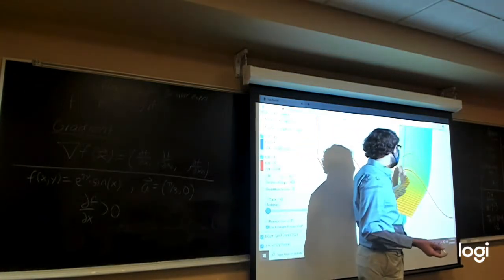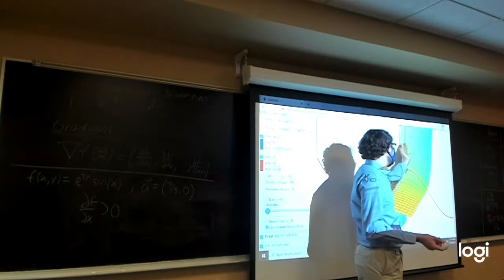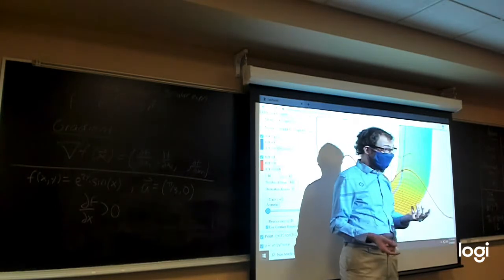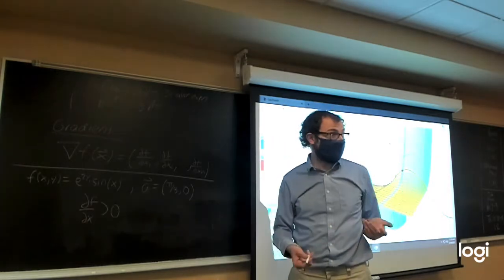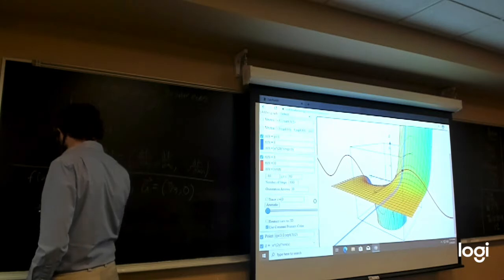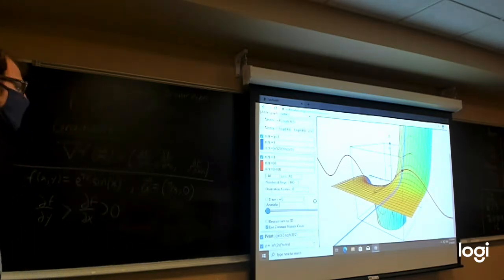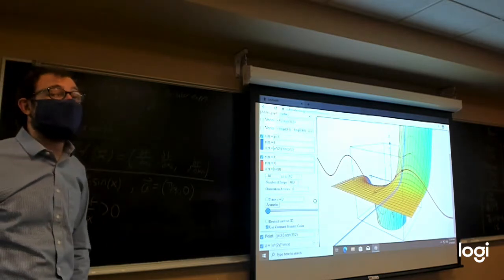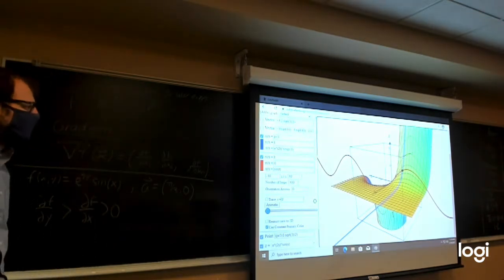But the slope going this way on the red line is a small positive slope, whereas going up this way on the blue line is going to be a very positive slope. It's going to look super steep in that direction. So just from looking at this graph, I would estimate that del f del y is also going to be positive, and more positive than del f del x.